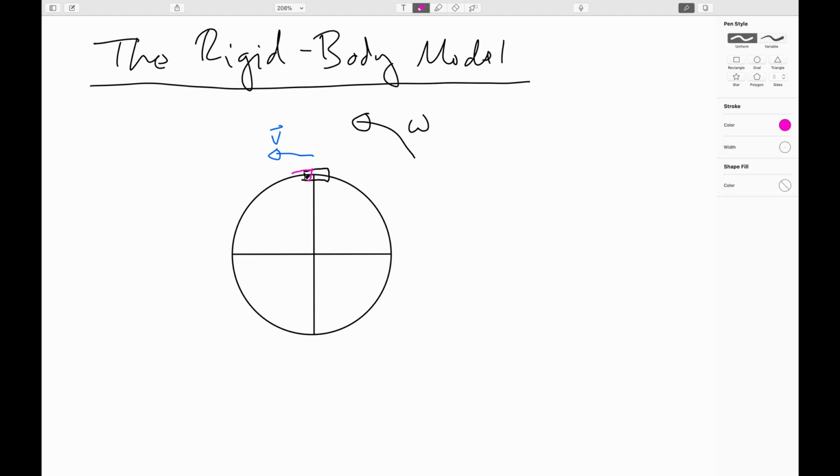As our chunk of bike tire moves forward in a bit of a straight line, what this means is that the spoke actually had to get a little bit longer. Not showing that as well as I would like. Let's try that again. Yeah, let's just overdraw it like that.